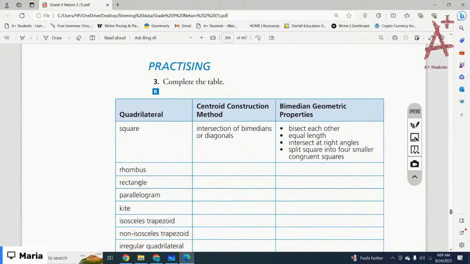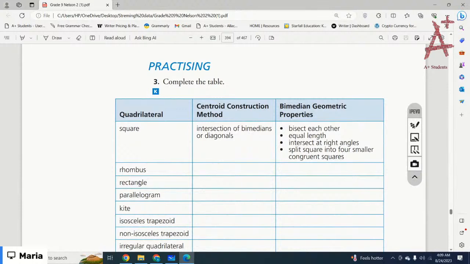Okay, the third one is the parallelogram. The centroid of a parallelogram is the intersection of the bimedians, as with the intersection of the diagonals. The bimedians of a parallelogram intersect and divide the parallelogram into four parallelograms that are of the same design and orientation as the original parallelogram, only with smaller dimensions.